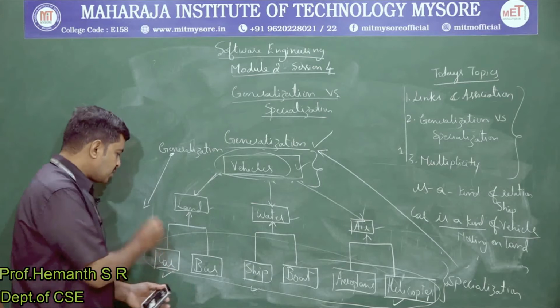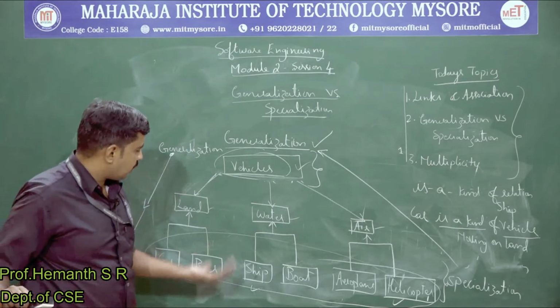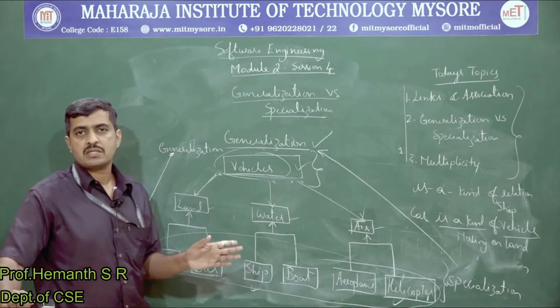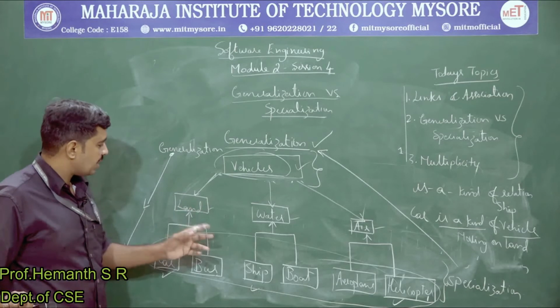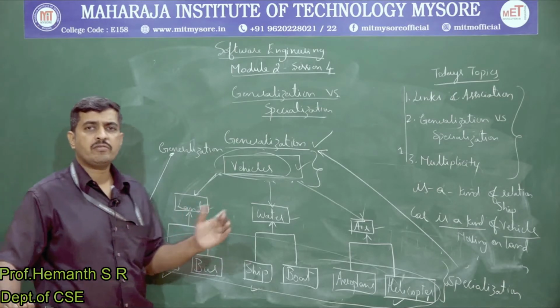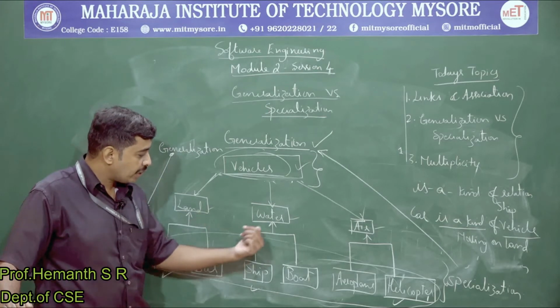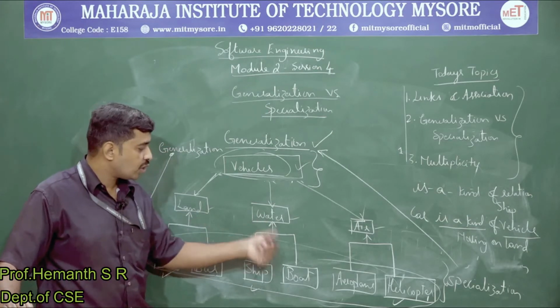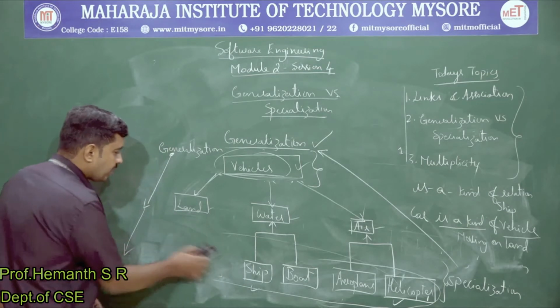Now, can I take this to the next level? Can I identify a few more subclasses which are specializations of this class? For example, can I identify different types of vehicles which move on land? Can I identify different types of vehicles which move in water? Yes, definitely I can. The same has been indicated here.